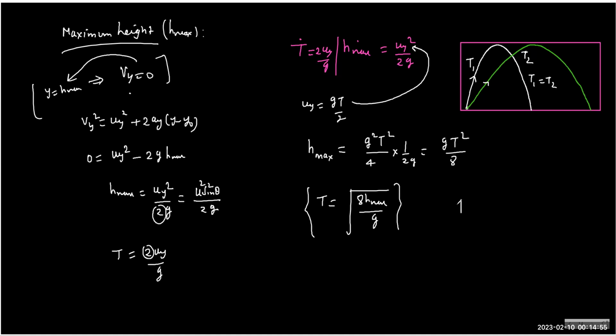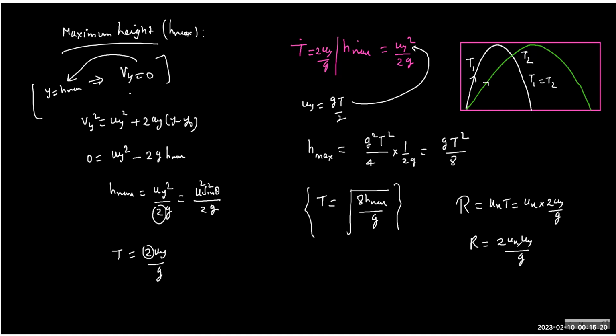What is the definition of range? What is the formula of range? Range equals u and T. And what is T? 2 Uy by g. So writing range in this way for this oblique projectile is very important actually. When you know the components, it's very interesting.